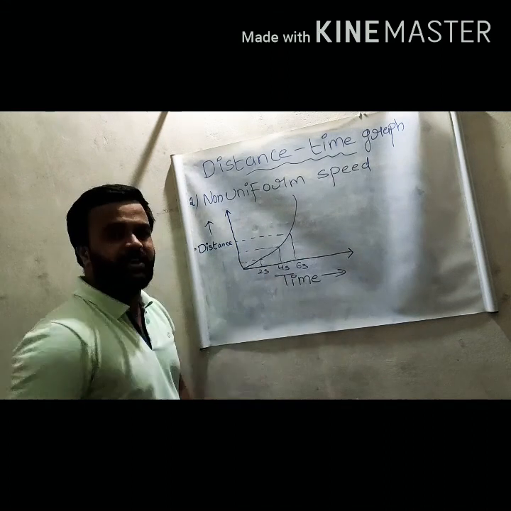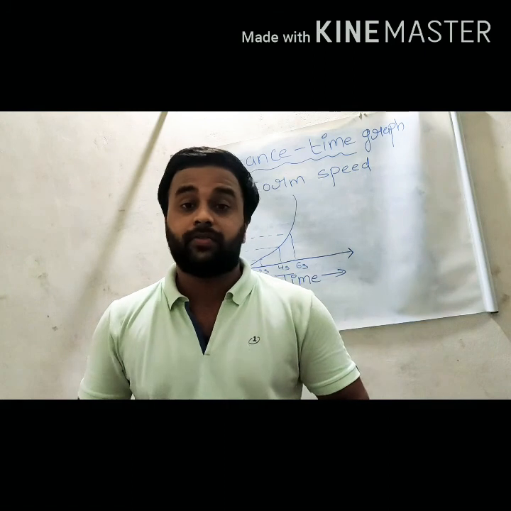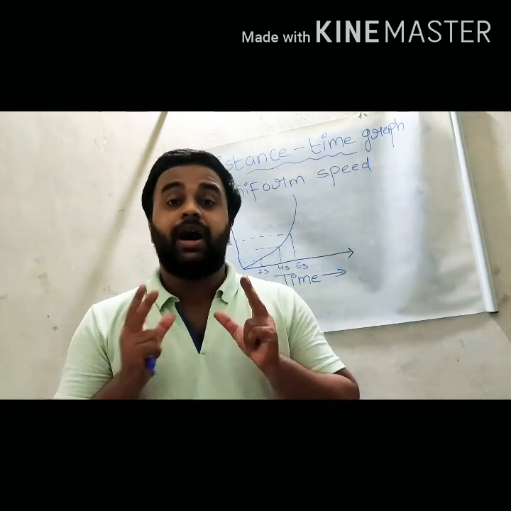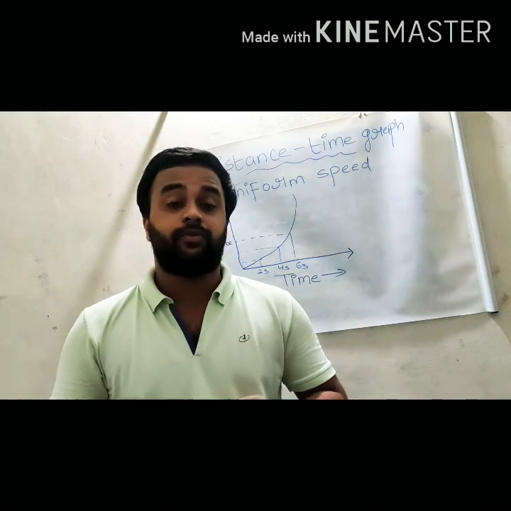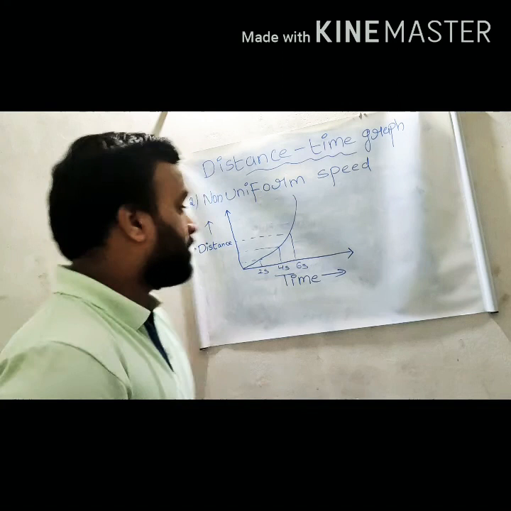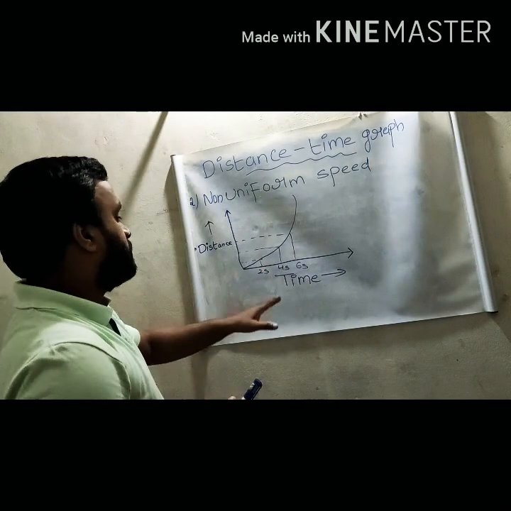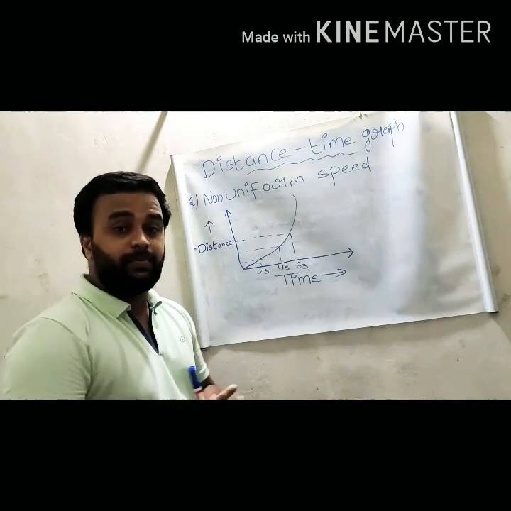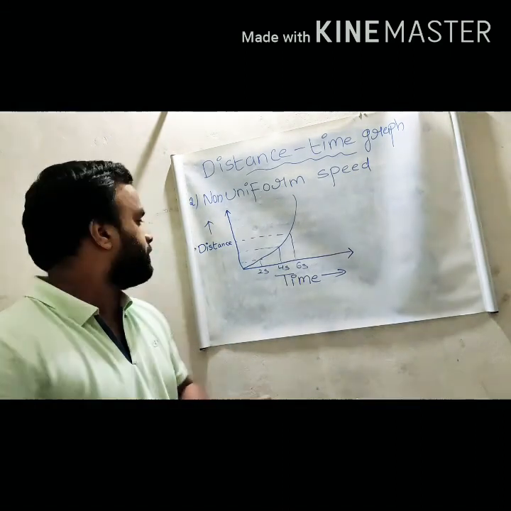From this, it is clear that in equal intervals of time, the object covers unequal distances. This is the peculiarity of an object moving with non-uniform speed. So this is the distance time graph for an object moving with non-uniform speed, and it's not a straight line.